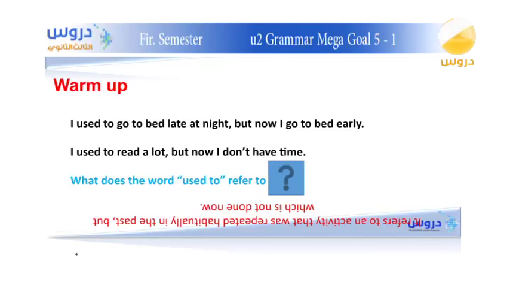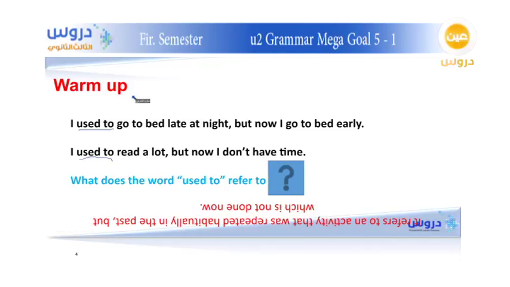So the question is, what exactly does used to in these sentences refer to? What do you think these two words refer to in the first sentence and in the second sentence?